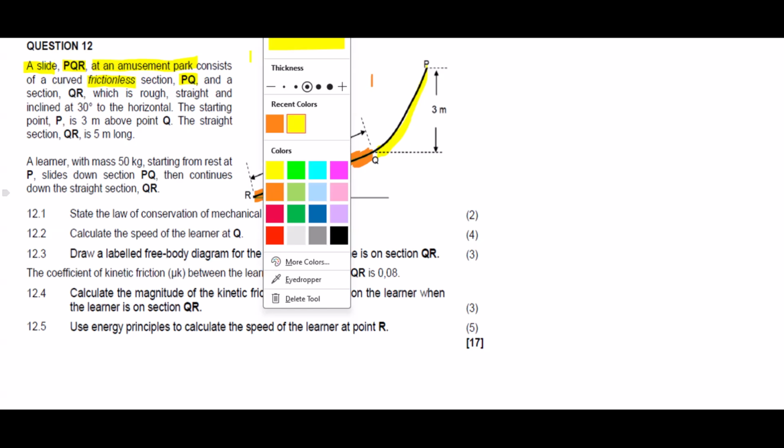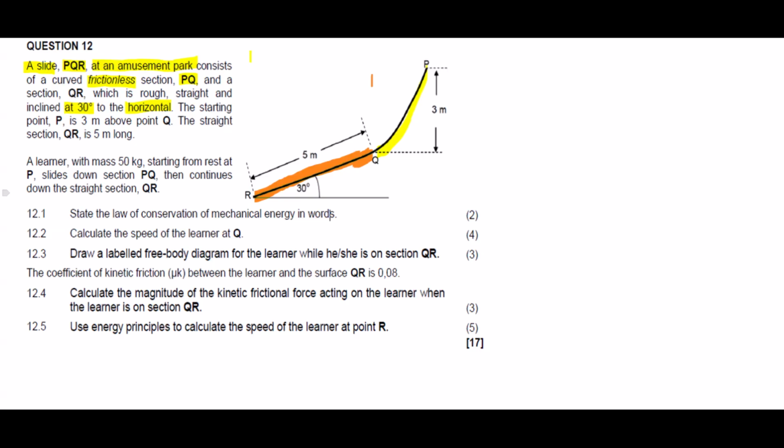The starting point P is 3 meters above point Q. And then the straight section QR is 5 meters long. We are looking at the length of QR, which is the displacement of the object.